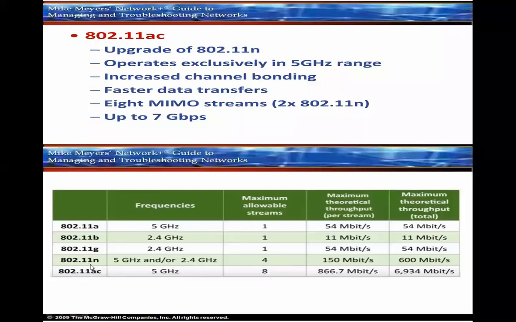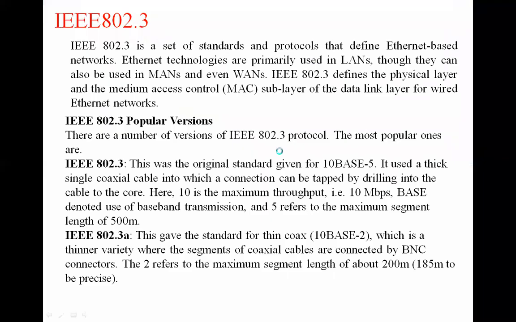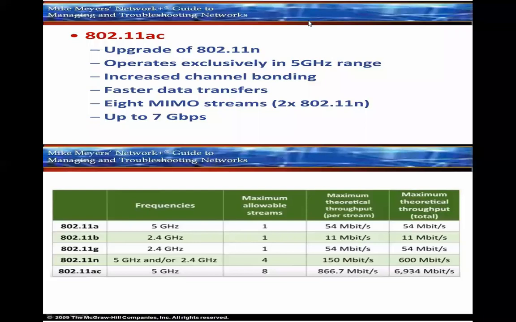This is the upgraded version of 802.11n, and we are using a maximum of 8 streams, the frequency bands, in a frame structure. It is an upgraded version, and we started sending more and more data. And this is the theoretical maximum throughput.